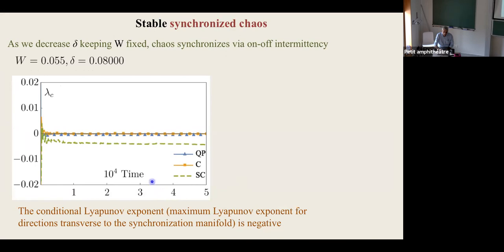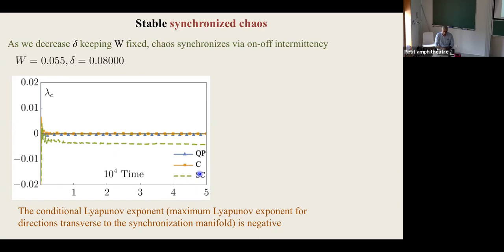Another measure of chaotic synchronization is the conditional Lyapunov exponent, lambda c, shown here. Don't pay attention to this blue and orange curve. This green one is for synchronized chaos.